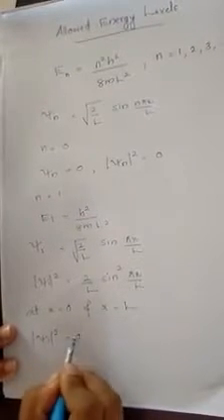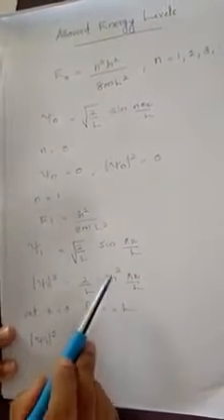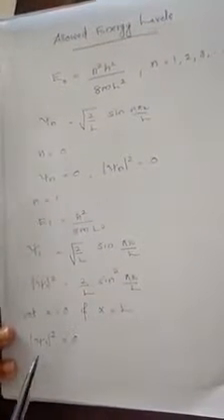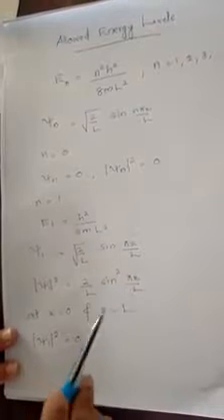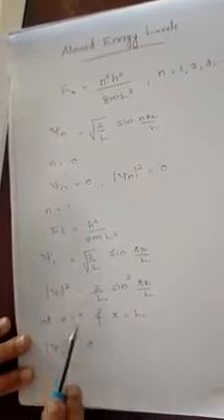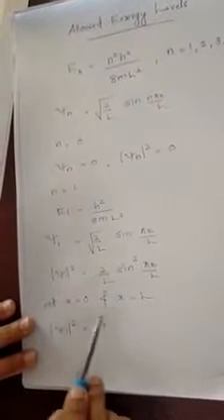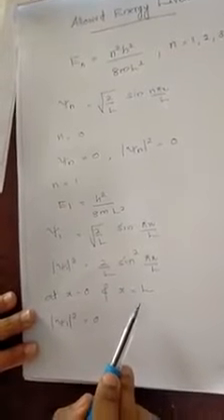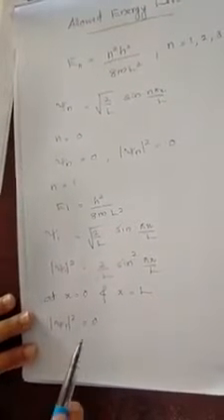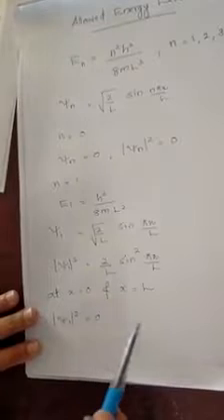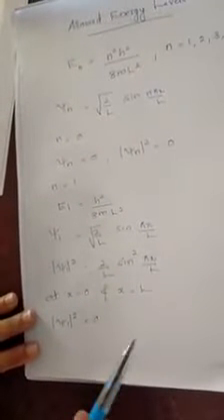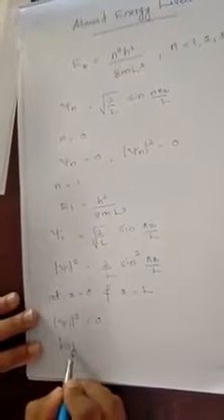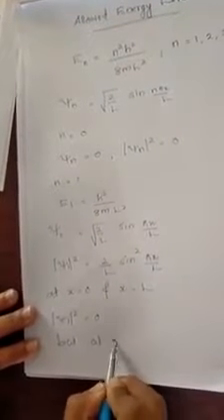That is, at x equal to 0, the sin square term is 0, and at x equal to L, this term becomes sin pi. So mod psi 1 square equal to 0 at x equal to 0 and at x equal to L, which implies the probability to find the particle at x equal to 0 and at x equal to L is 0. But at x equal to L by 2, what happens?